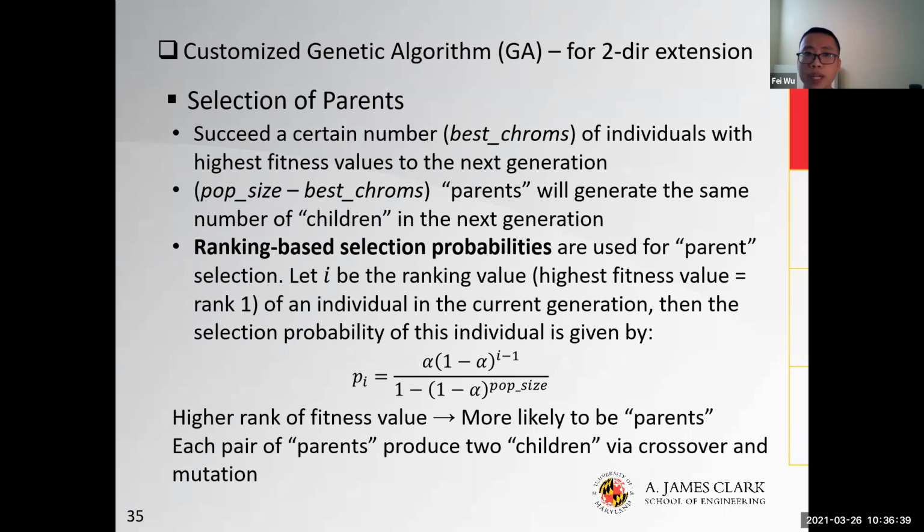We are using ranking-based selection probabilities for choosing the parents, because if the probability for selecting these chromosomes is purely based on ranking, then these probabilities will not be influenced by the absolute differences of these fitness values, which can provide a relatively stable selection pressure for these chromosomes.